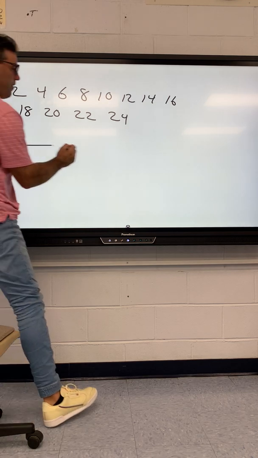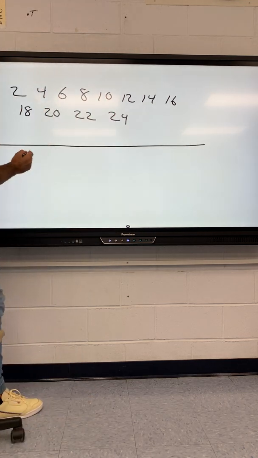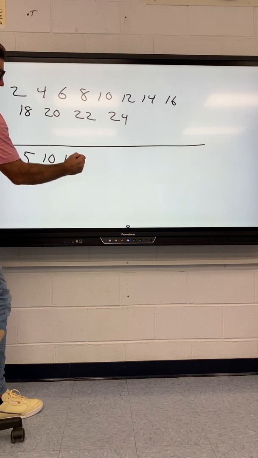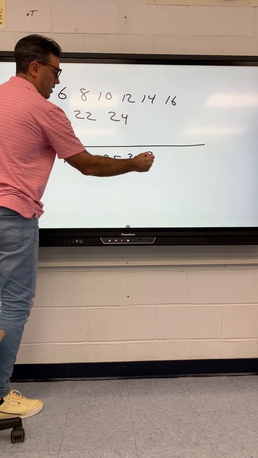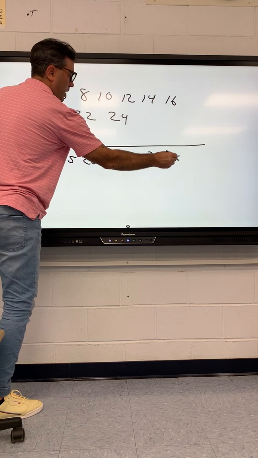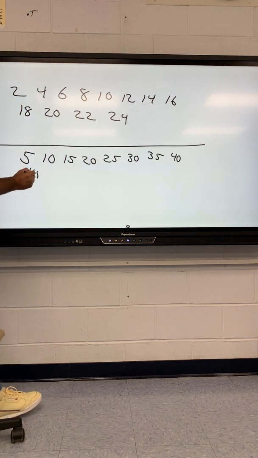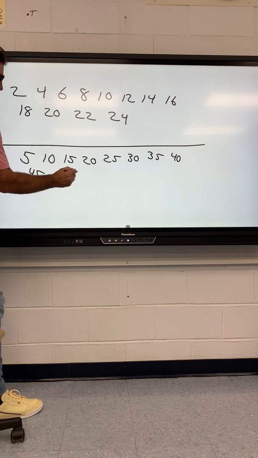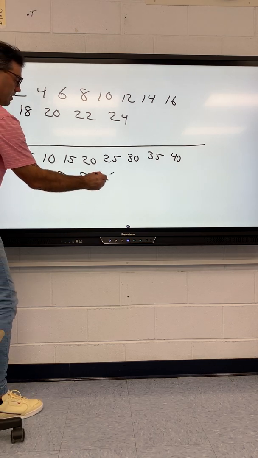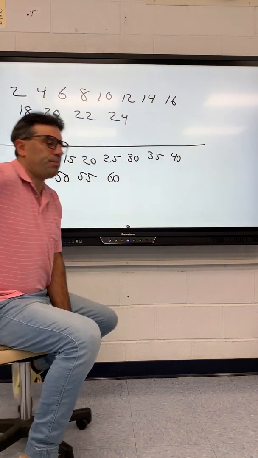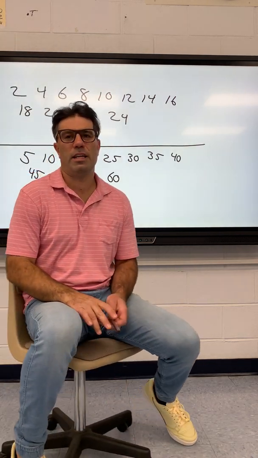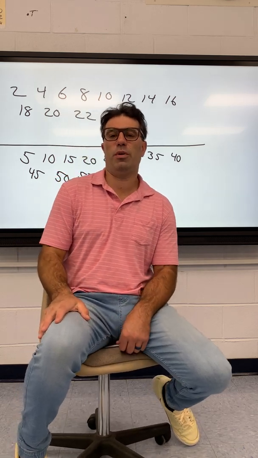And if I'm going by fives, we're just going up to 60 is our big number. 5, 10, 15, 20, 25, 30, 35, 40, 45, 50, 55, 60.